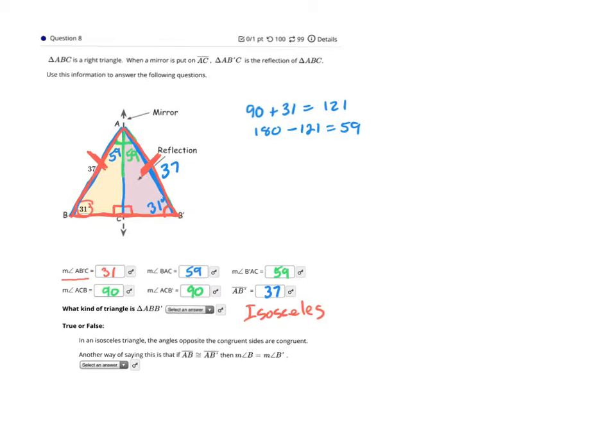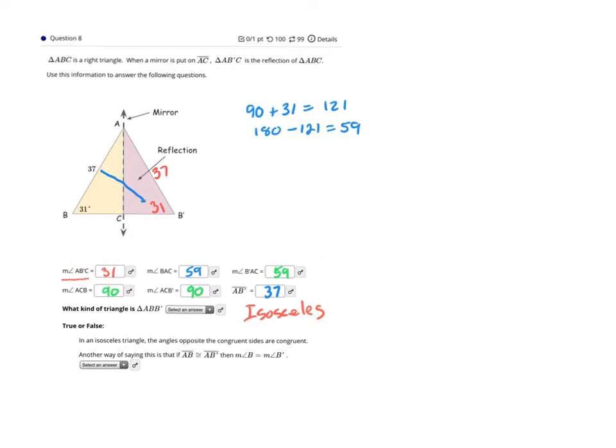Now, I'm going to erase a few things to make this look a little bit easier for us to see. Okay, so now we know that this side over here is 37. I know that this angle is 31. So what it says is that the angles are opposite of the congruent sides.